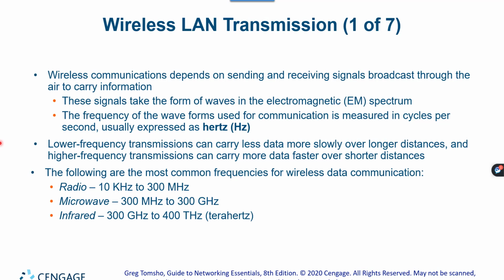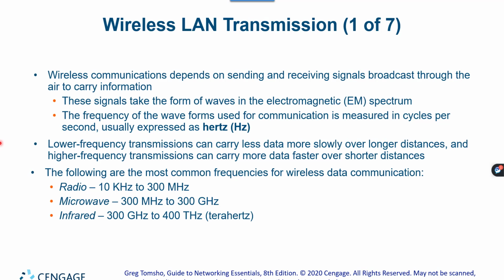The lower frequency carries less data, and the higher frequency carries more data. Remember, higher frequency, because it requires more energy, covers less distance. The lower frequency uses less energy, so you can carry data over longer distances.